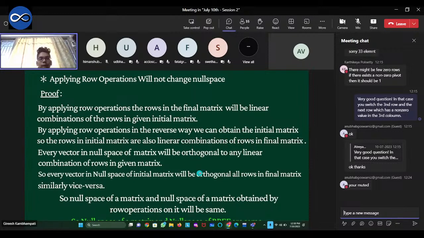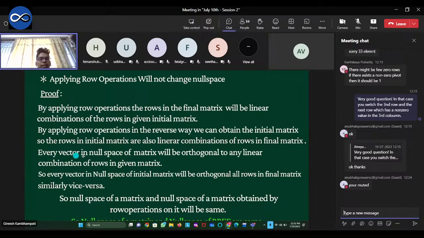By applying row operations, we can get A to B and B to A also. B is obtained by applying row operations on A, and from B we can get A by applying row operations in the reverse way. If we changed Ri to c Ri, we have to change Ri to 1 by c times Ri.